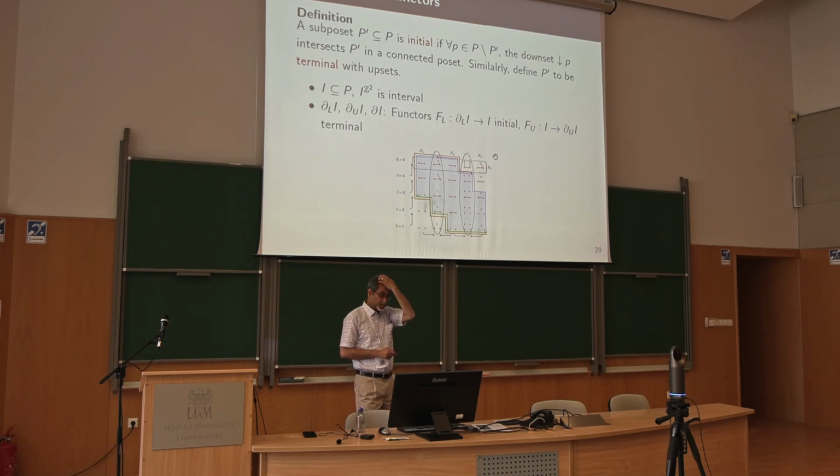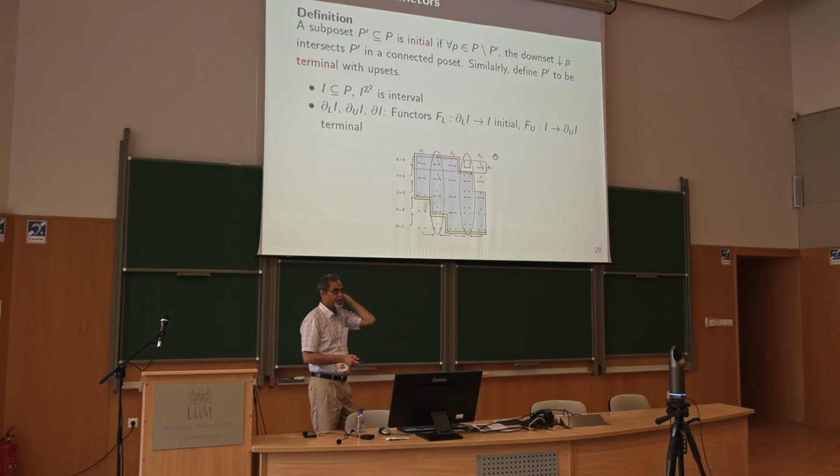Once you have that, you can also define for the interval I the lower fence, which I am calling partial L of I, the upper fence, which I am calling partial U of I, and of course partial I, which is the entire boundary. Then the functor, which I am calling F of L, basically includes the lower fence into I, the full interval.